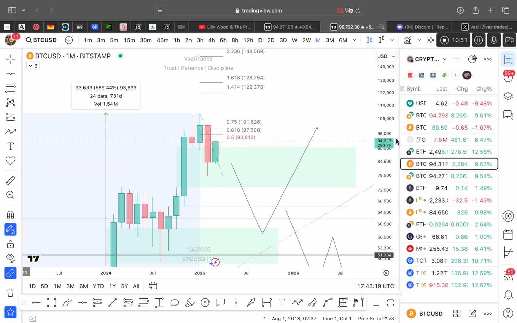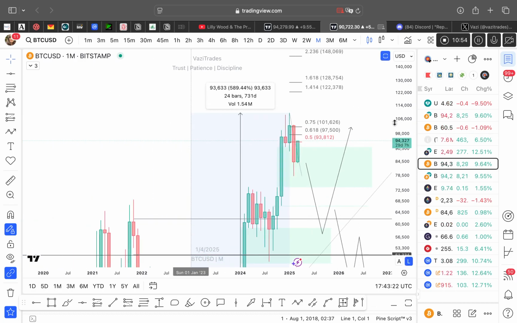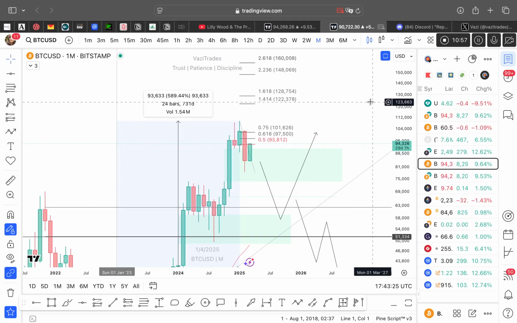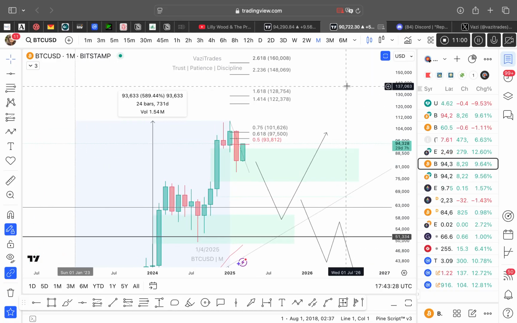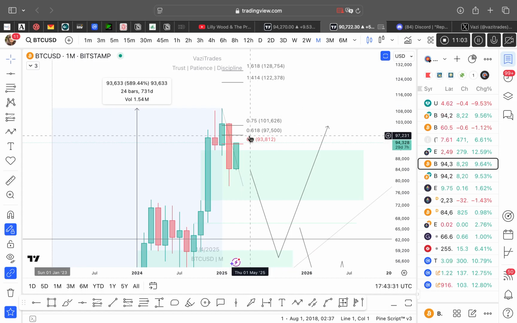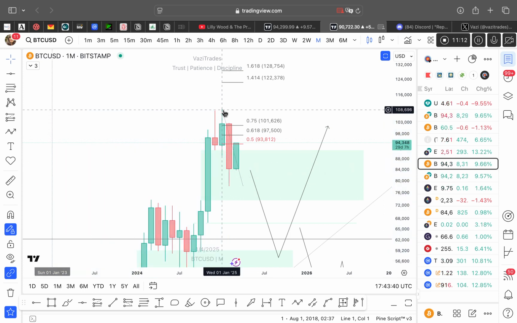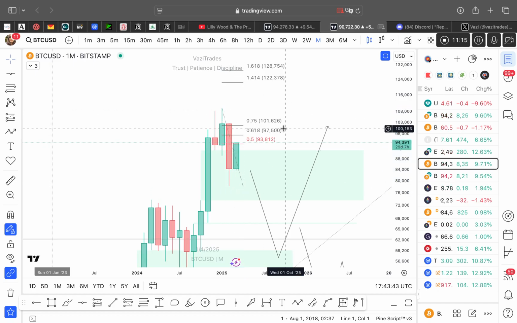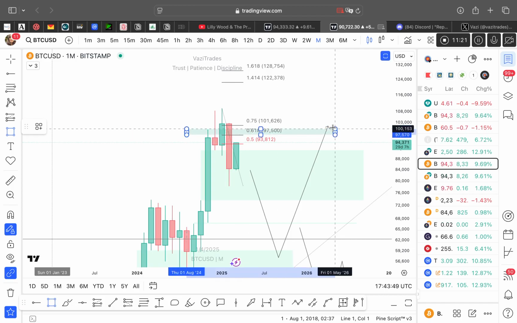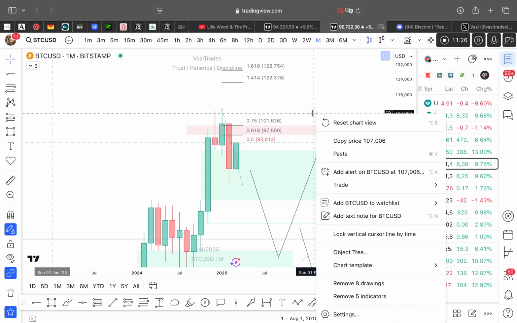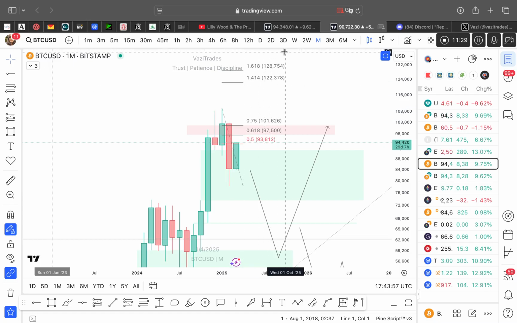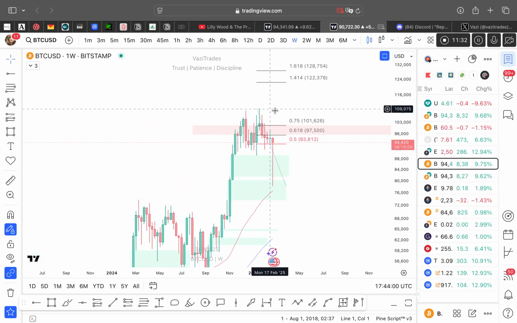So if we look at the monthly, it's just not giving me anything right now. For the monthly to be bullish, yes, that's right, we need to see it closing the monthly candle above this zone, or at least above 0.75, which I would say let's wait for this week.